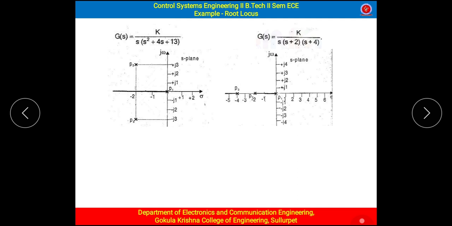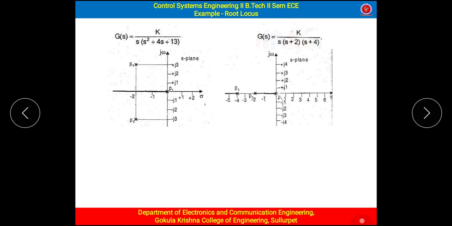So that particular condition will not be satisfied for s is equal to 1. But if you take s is equal to minus 1 or s is equal to minus 2, and for that matter any negative values, then we will be getting only one pole towards right side. So the entire real axis for which values are negative, that is nothing but the root locus branch.